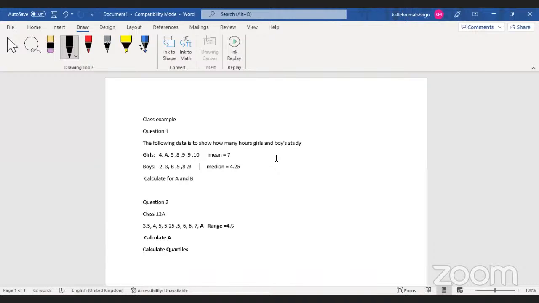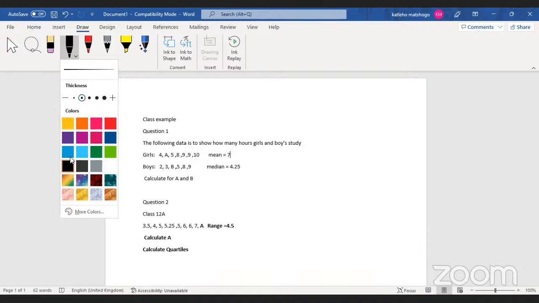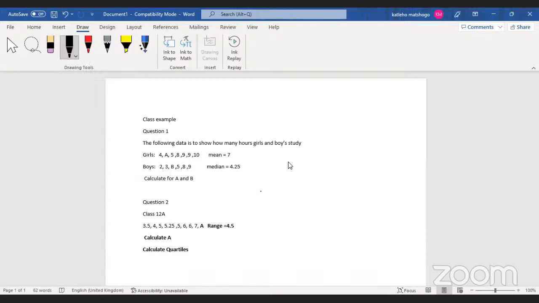Yes, Bala, you add all of them up and then you divide by the number of items. Okay, you are quite correct. Let me just write this.